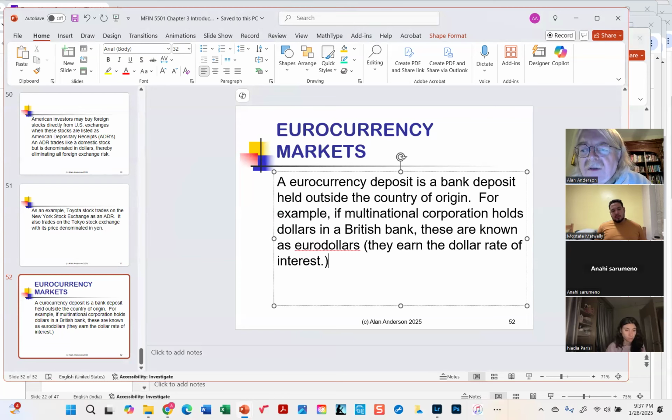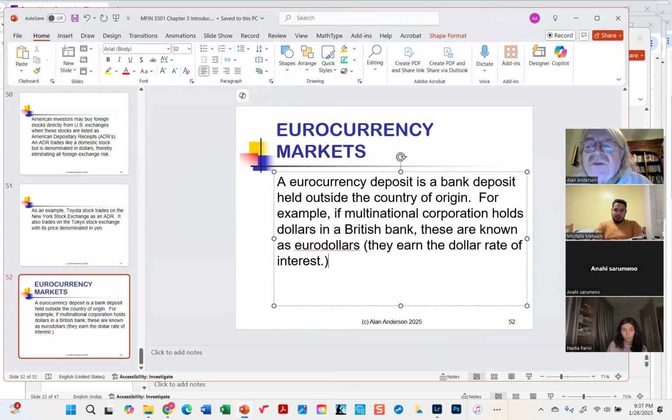Now, this market is a relative newcomer. The Euro currency markets really got going in the 50s. Once it got started, it became clear that there's a huge demand for these types of deposits. And so London is the center of the Euro currency markets, not New York City, but London.